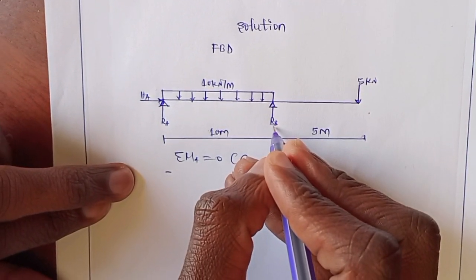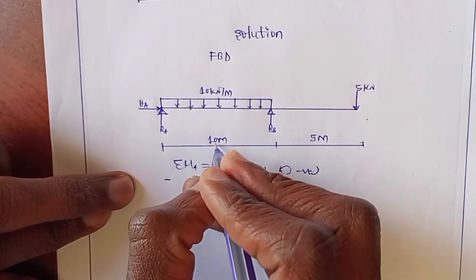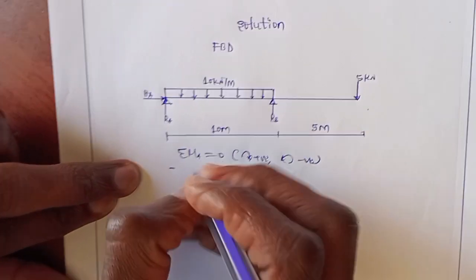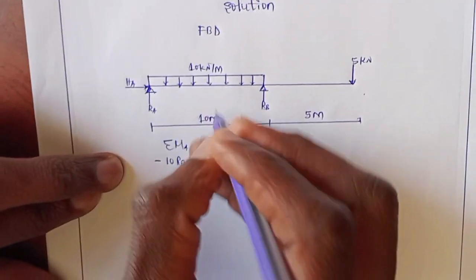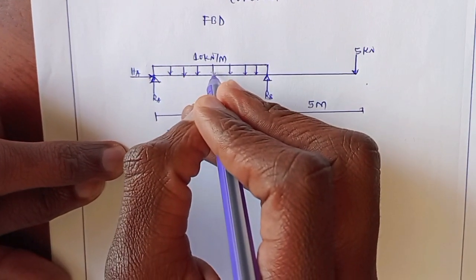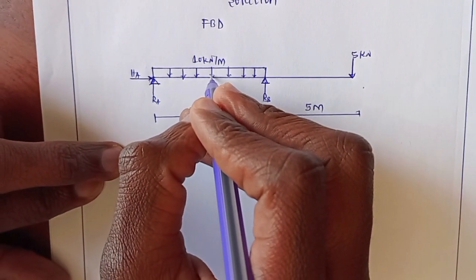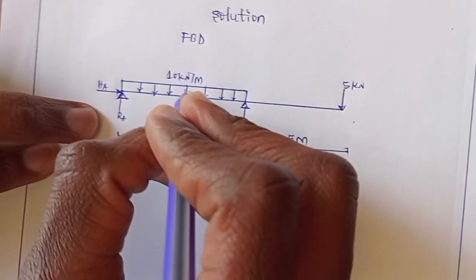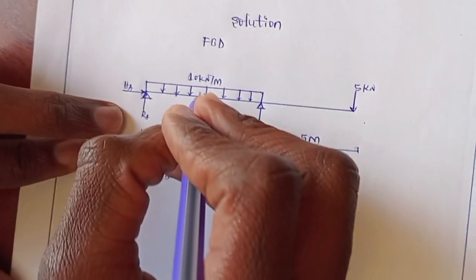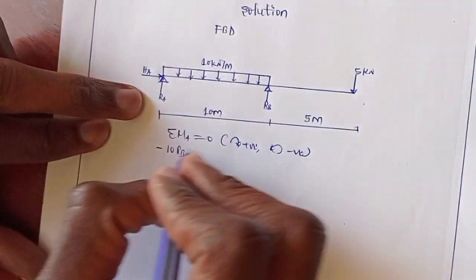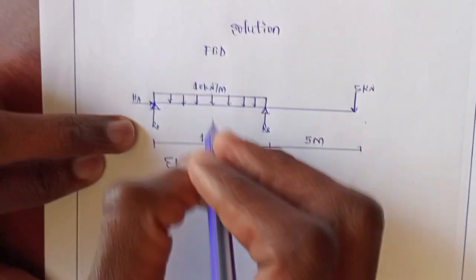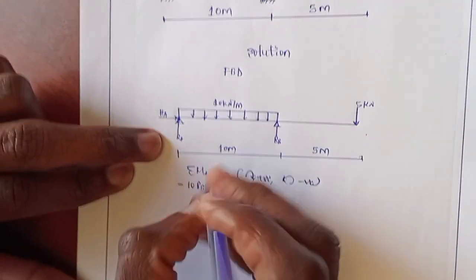RB times its distance, so it will be 10 RB. Plus this force, which moves towards point A in the clockwise direction.